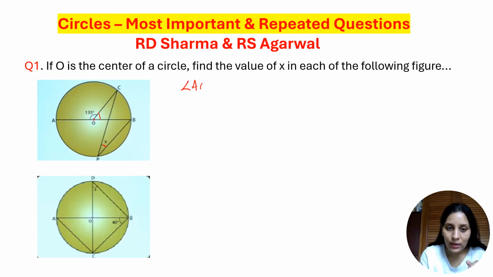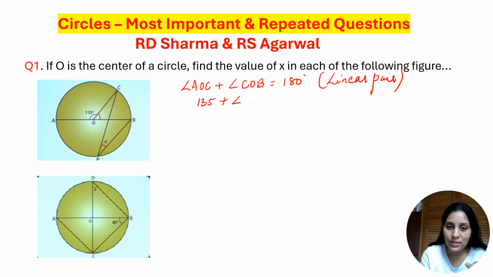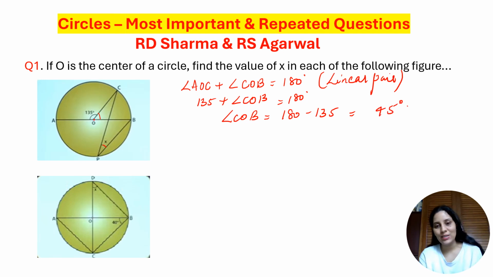Angle AOC plus angle COB is equal to 180 degrees. So angle AOC is 135 plus angle COB is equal to 180. So angle COB is equal to 180 minus 135, which is 45 degrees.